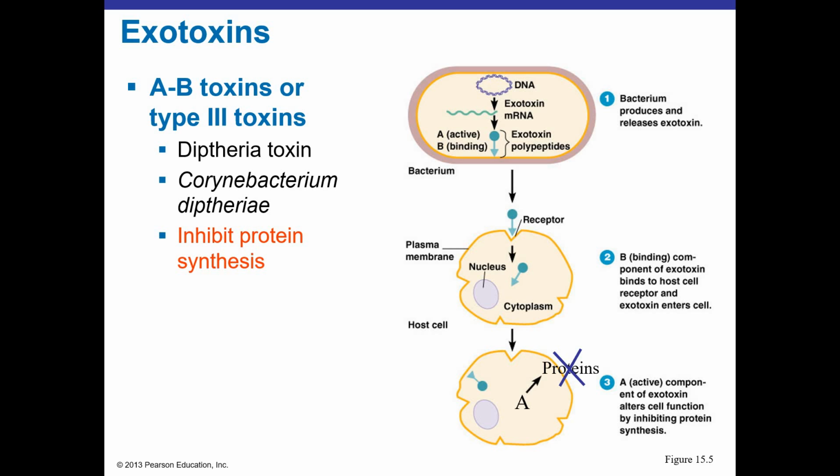If you can prevent the interaction of the binding portion and its receptor, then in theory you can prevent the toxin from getting in. However, once it gets in, it rearranges and the active form is released and it inhibits protein synthesis. If a cell cannot make proteins, it obviously is going to die. One notable example, Corynebacterium diphtheriae, the causative agent of diphtheria, makes a nasty toxin that forms a pseudomembrane in the throat and literally suffocates the patient.